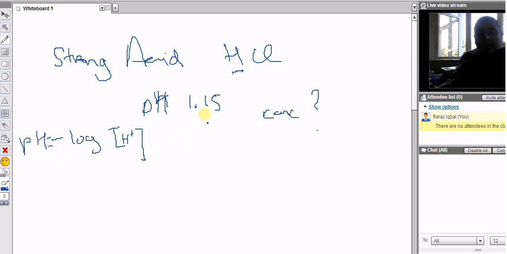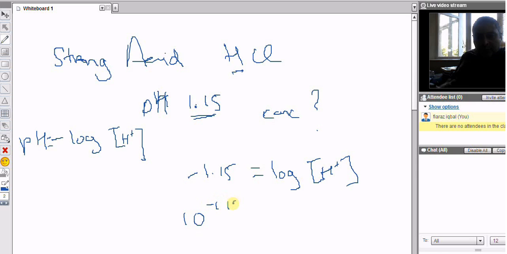So if the pH is 1.15, then minus 1.15 equals the log of the concentration. So the concentration is 10 to the power of minus 1.15.